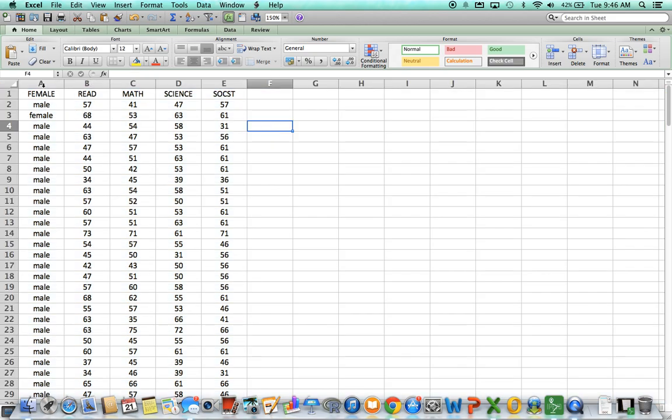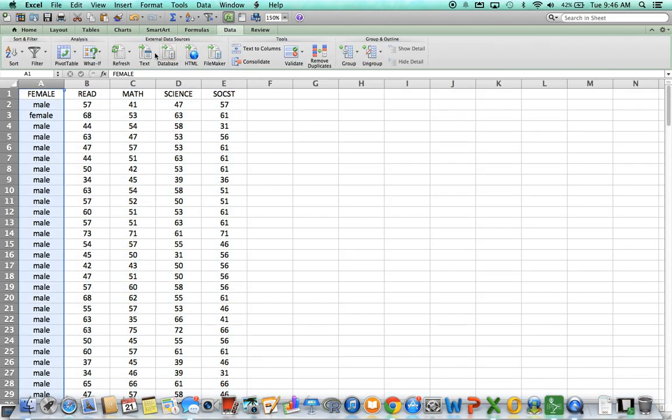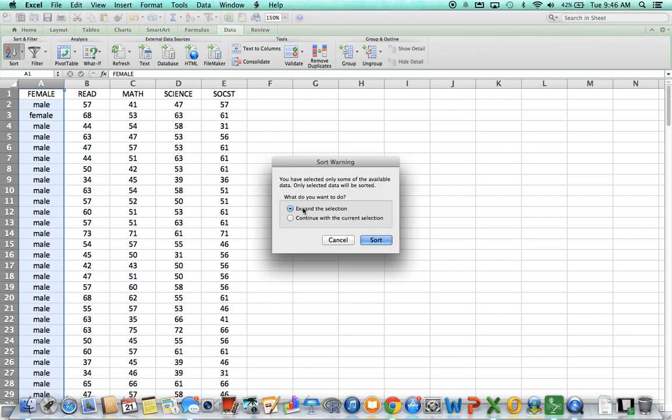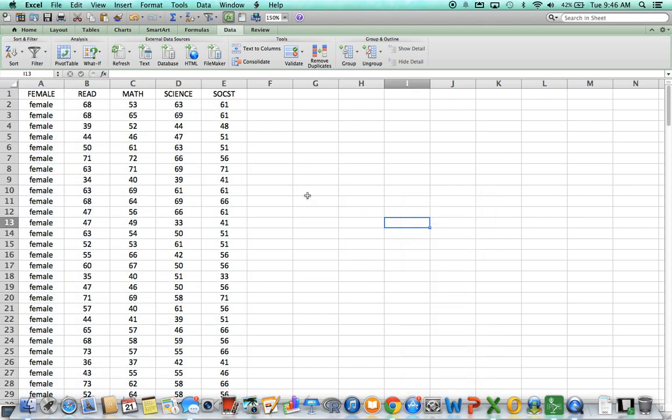What I want to do here is go up to data and sort this. And I want to do the whole shebang. I want to recode as the guy from UCLA did. He recoded female as 1. So I'm going to fill down.